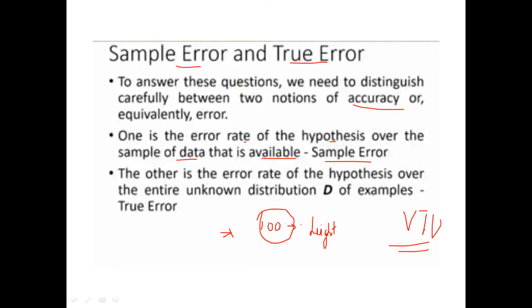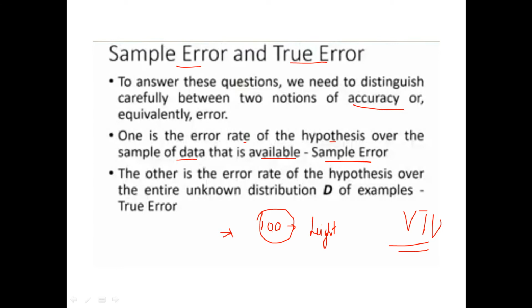Now for these 100 students, you collect the data and try to identify the error in it. This we call the sample error, the error rate of the hypothesis. When you say that for 90% of this sample of 100 data, the accuracy is there, it means a 10% error is there.